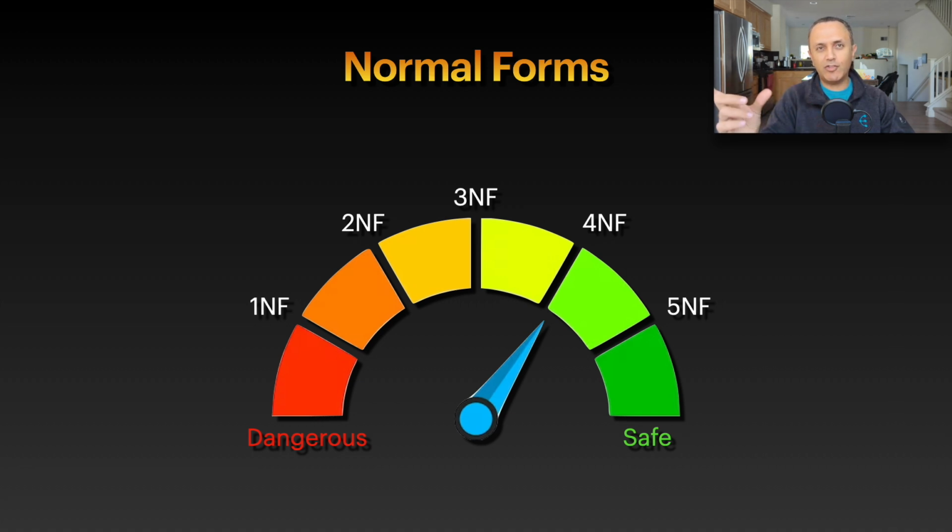If it satisfies the second normal form, that's even better. If it satisfies the third, that's even better, and so on. So the higher up you go in the normal forms, the more safe your design is, and the less prone it is to some of the anomalies we mentioned earlier. Each of these normal forms already implies that the previous ones are satisfied. So when you're checking your design, first you check the first normal form.